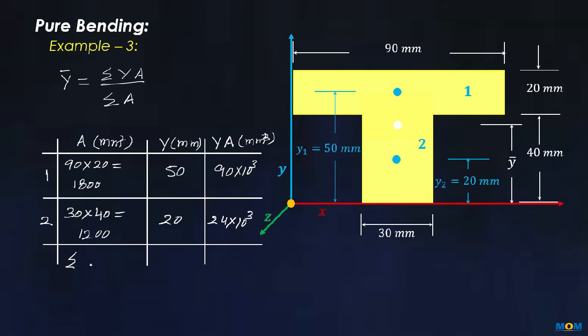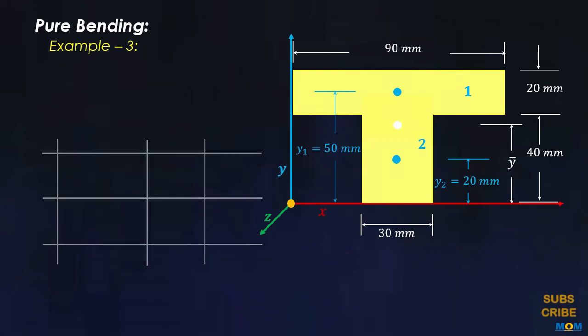Now summation of area is going to be 3000 millimeter square, and summation of individual centroid into area would be 114 into 10 raised power 3 millimeter cube.